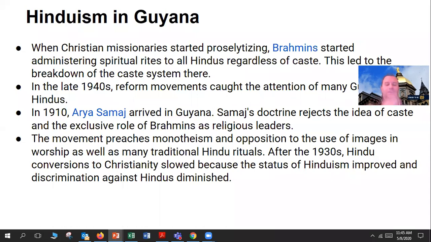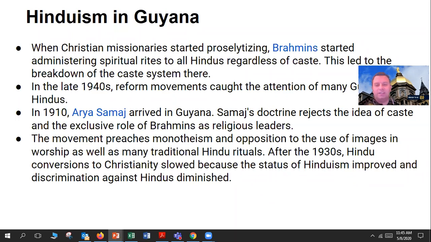And so basically, one of the reasons why the missionaries were so unsuccessful is that as those missionaries are in there trying to convert these people, the Hindus that are living there, okay, decided that if we're going to keep these people Hindu, we have to change the caste system.